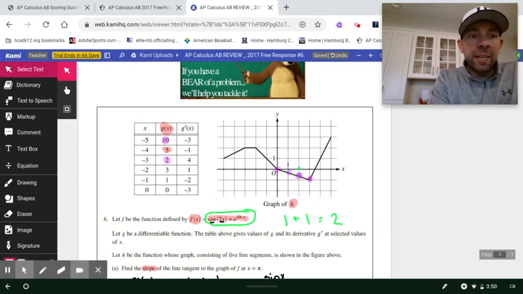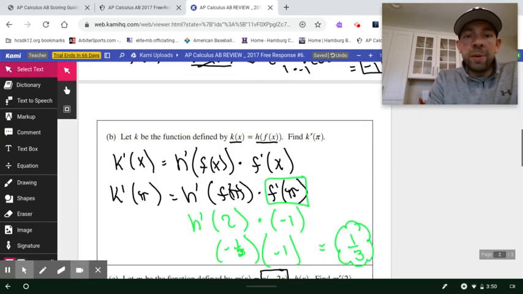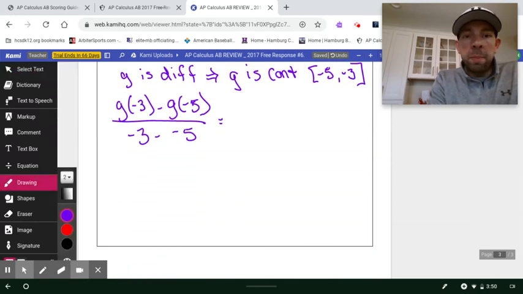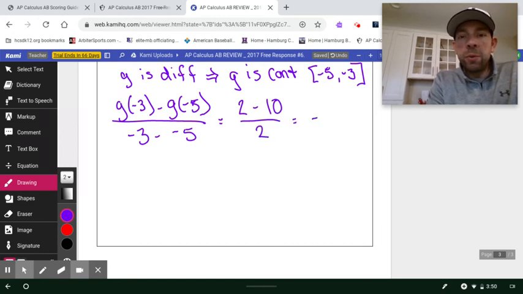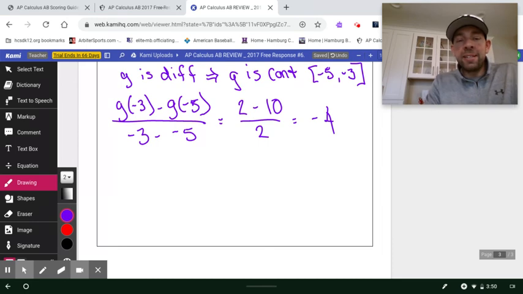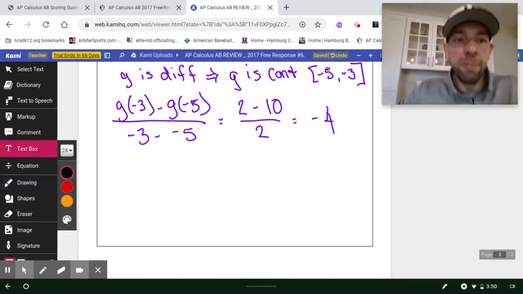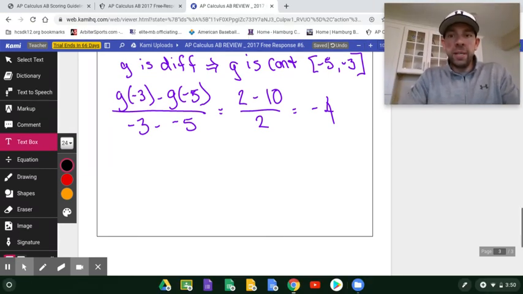So 2 minus 10. On the bottom, it looks like I'm getting a 2. Negative 8 divided by 2 is negative 4. Hey, that's fantastic.